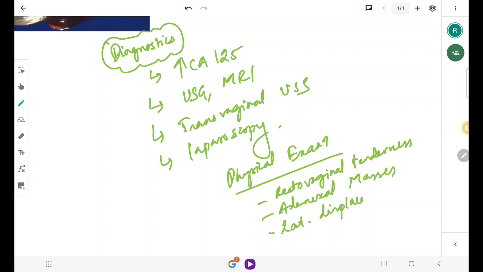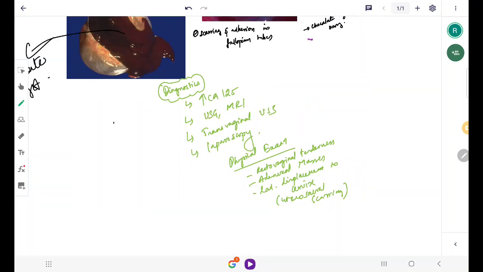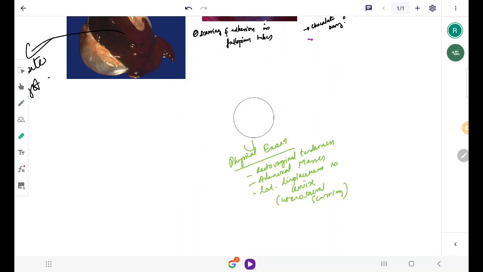This lateral displacement of cervix is due to the uterosacral scarring. However, the severity of the findings, they don't correlate with the severity of the symptoms, right?